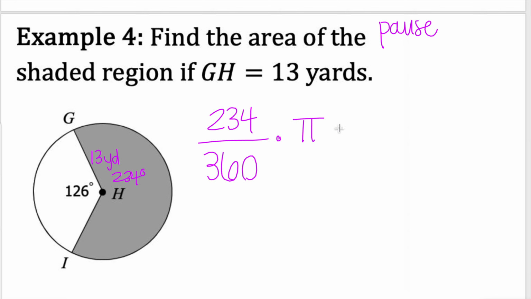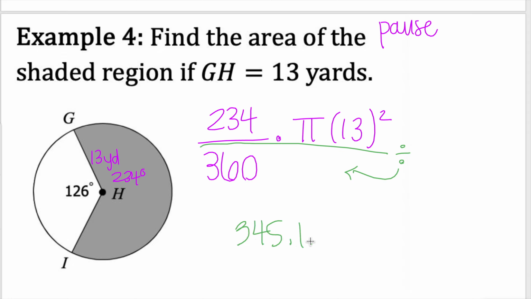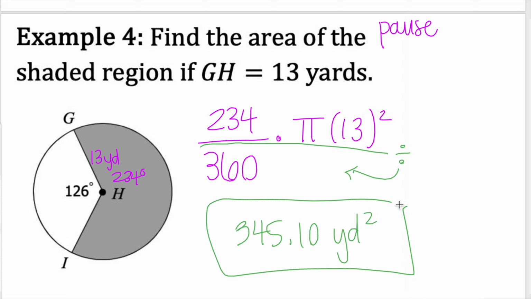And then times my area, so pi times the radius squared, which will be 13 squared, or 169. And again, I like to multiply everything first on the top and then divide by 360. We should get about 345.10 square yards. All of these I'm rounding to the nearest hundredth. It just kind of depends on what your teacher is asking you to do. Hundredth is going to work for me though.